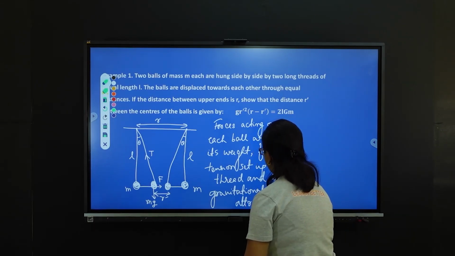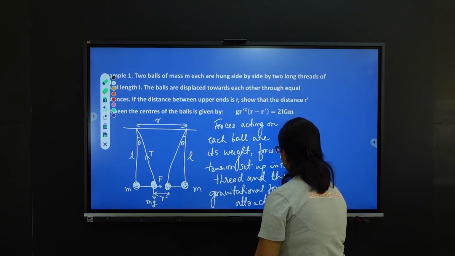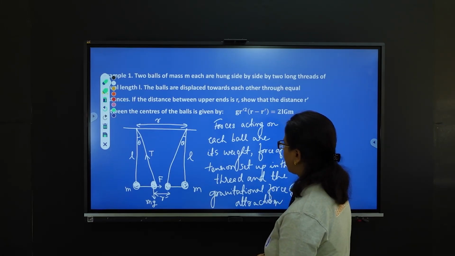Gravitational force is always attractive in nature.